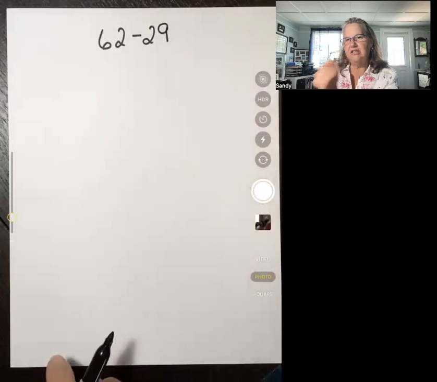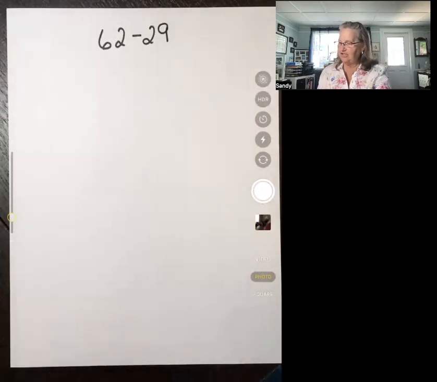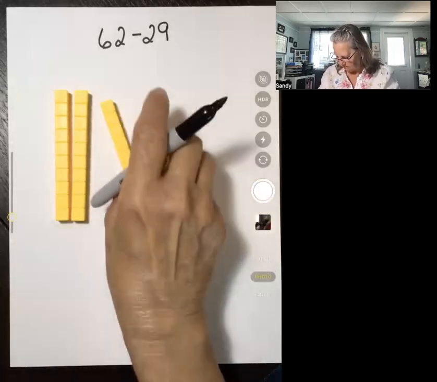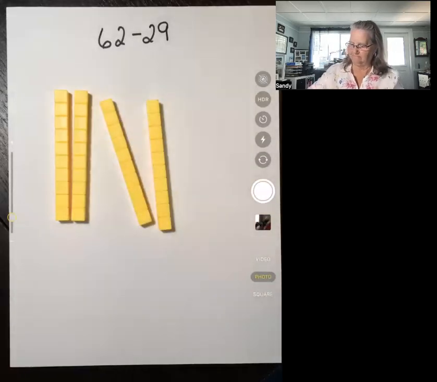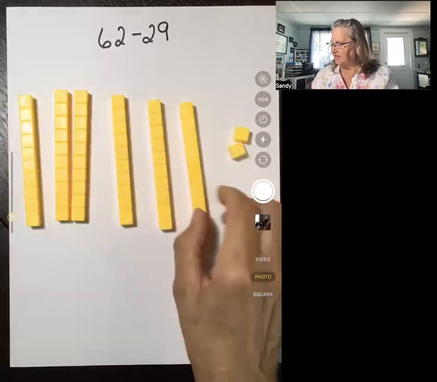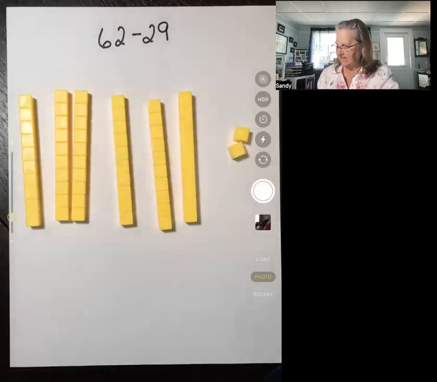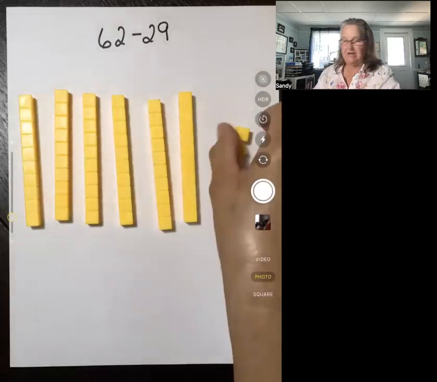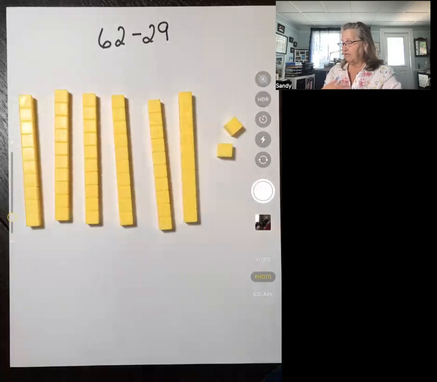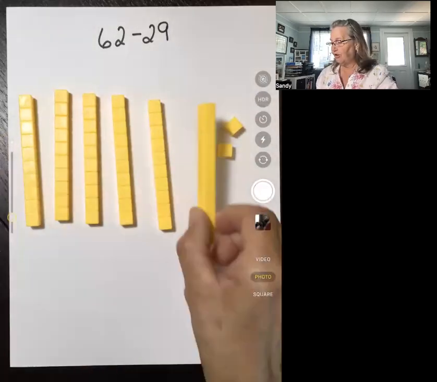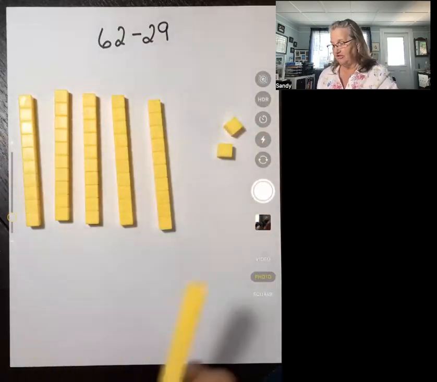For 62 minus 29, I could use these base 10 materials. For many of us, we look at this and think, well, I can't remove 29 straight away because I don't have enough ones. And many of us learned trading this in. You trade this in for 10 ones, and then you can do it.